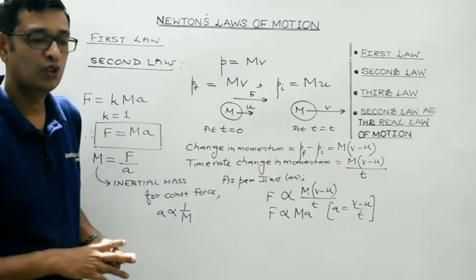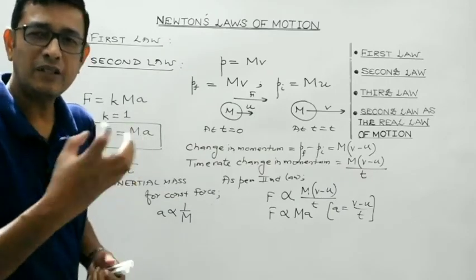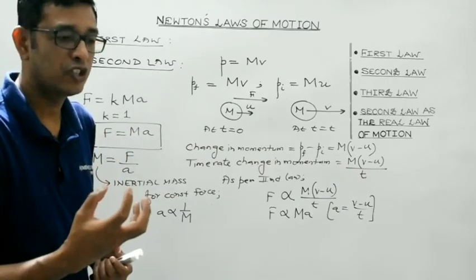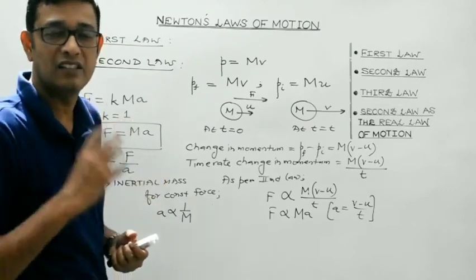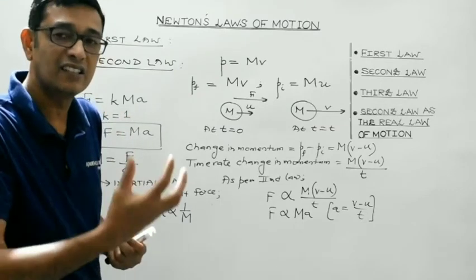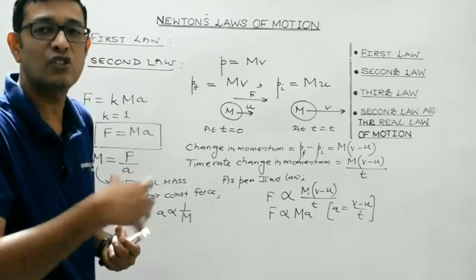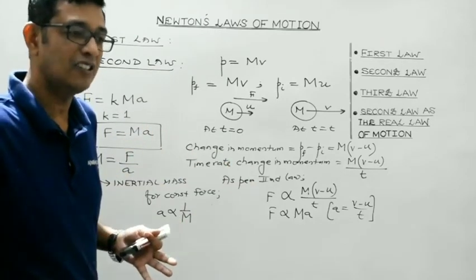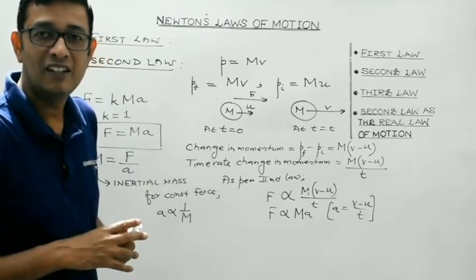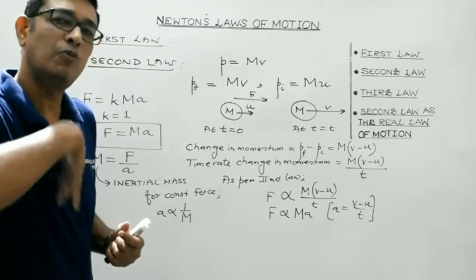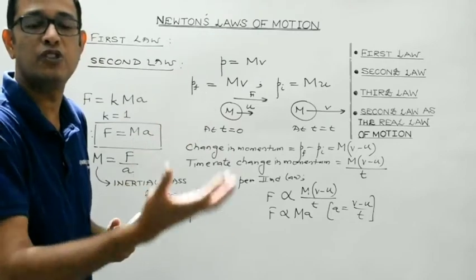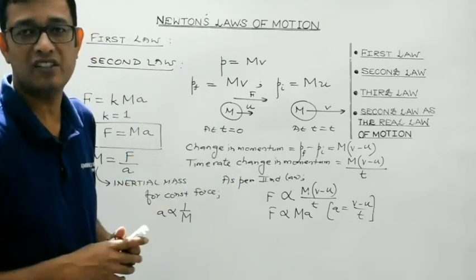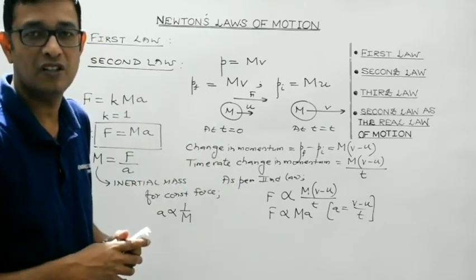Isn't it? So what I mean to say is that lighter bodies, which contain a small amount of matter, offer lesser resistance towards any change in their state of rest or of uniform motion, while the heavier body, which contains a large amount of matter, offers much more resistance, much more opposition towards any change in its state of rest or of uniform motion.